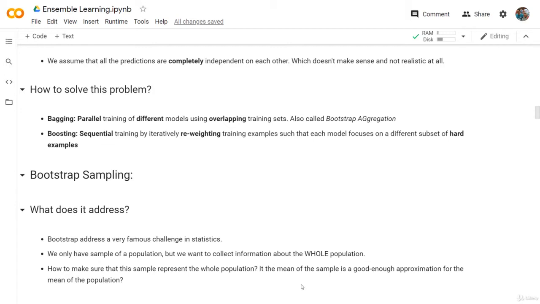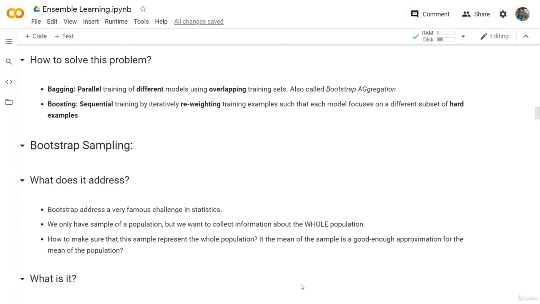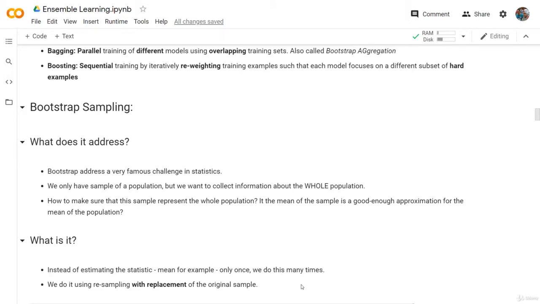So we collected this data and then we calculated the average height of a person in a specific place. Does this average really represent the actual mean of the whole population for this street or for this country or for the whole world even? Most probably, no, right? So bootstrapping is trying to solve this problem.